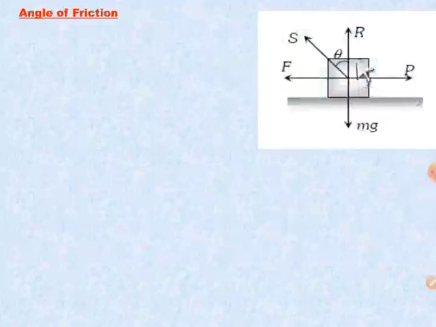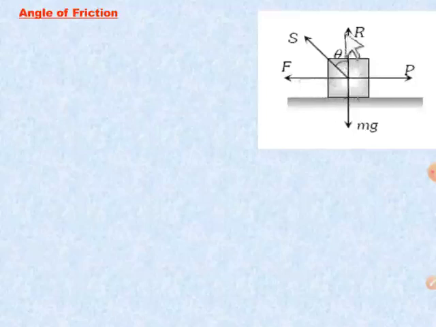Yes, let's see the next one. What is meant by angle of friction and angle of repose? Now what is this angle of friction? Angle of friction is nothing but the angle between the resultant of the normal reaction and the frictional force, with the normal reaction.